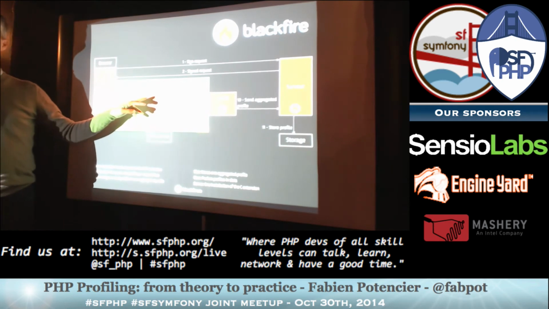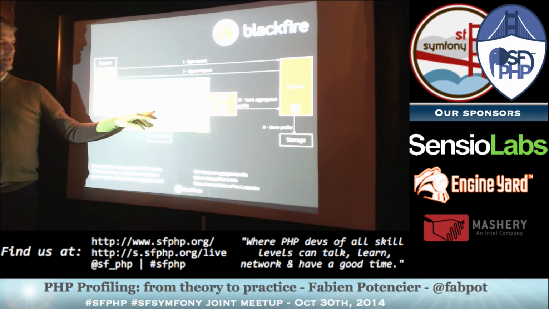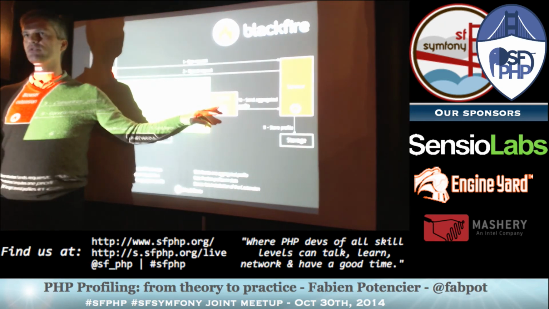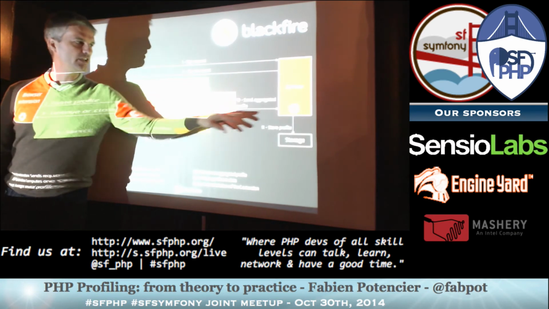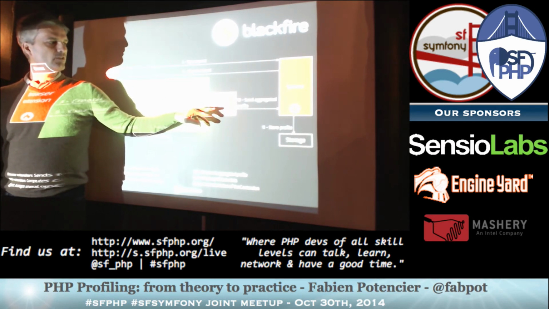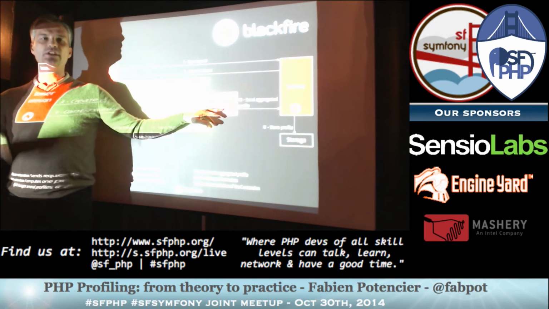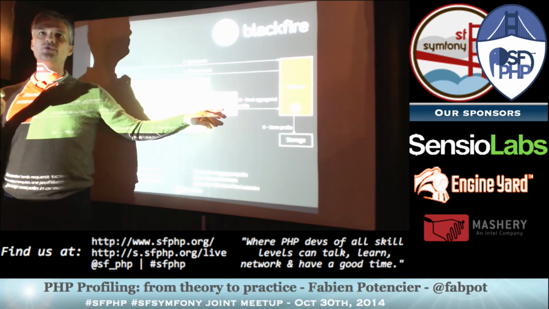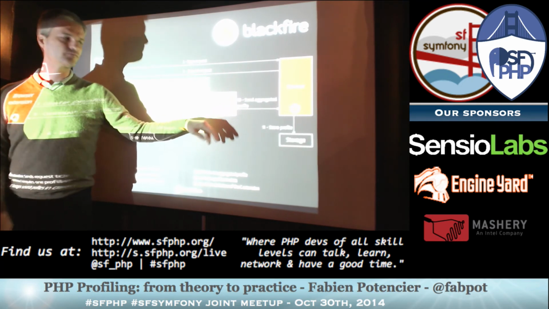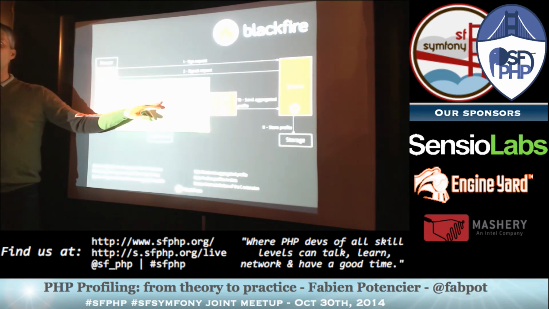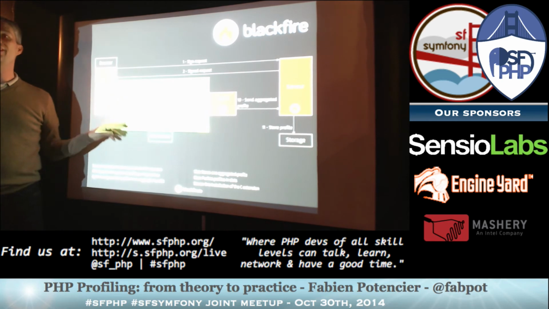We check the signature. If it's okay, we instrument the code. We get the response back. We send a profile to the agent. The agent is responsible for sending the aggregated profile back to the server, but the agent is also responsible for determining if it needs another profile, so if it's stable enough or not. So it says, yes, I want another one. We go back to the browser, and we do that n times.